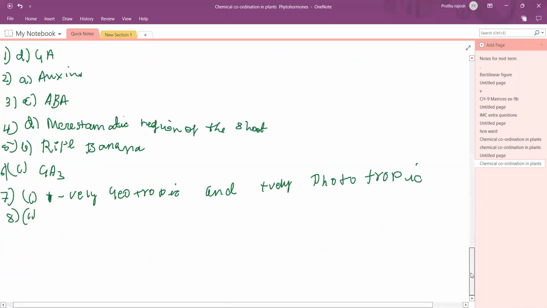Let's move on to match the following. Match items in column A with those of column B. So, auxins, apical dominance.